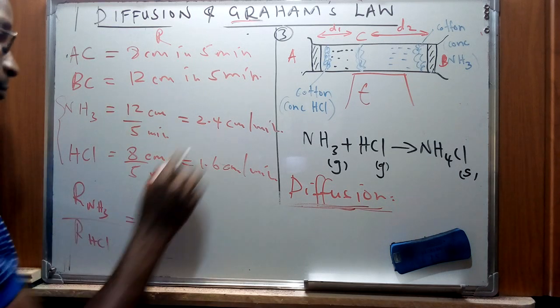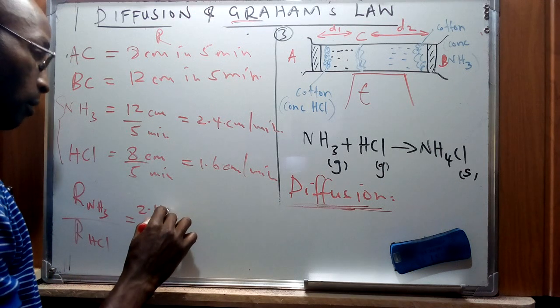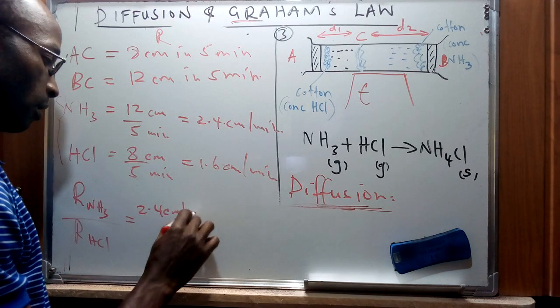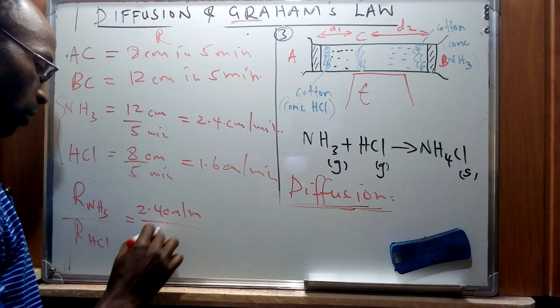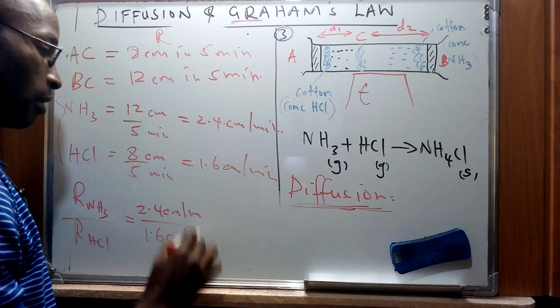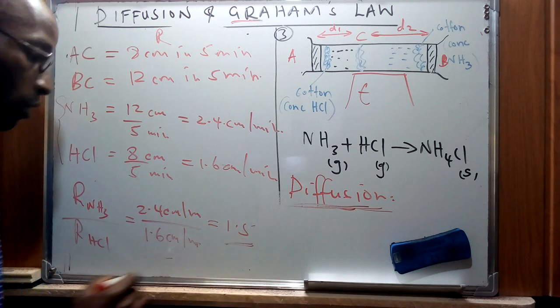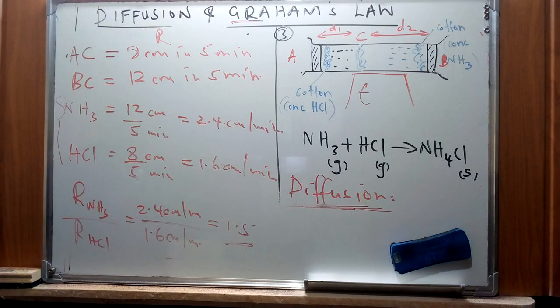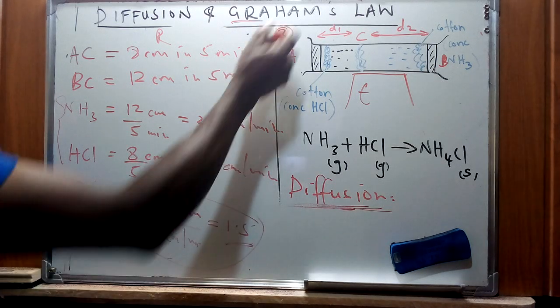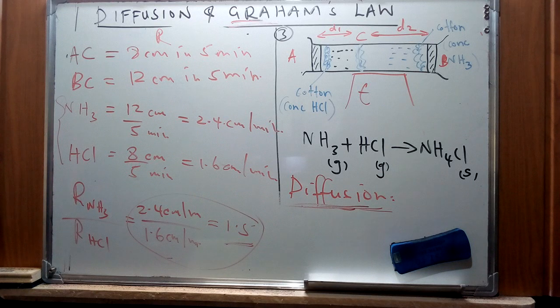Therefore, we are going to have 2.4 centimeters per minute divided by 1.6 centimeters per minute, which is going to give us a ratio of 1.5. This basically implies that ammonia diffuses 1.5 times faster than HCl gas, and this relationship is of course given by Graham's law of diffusion.